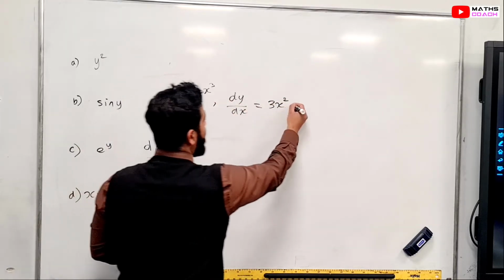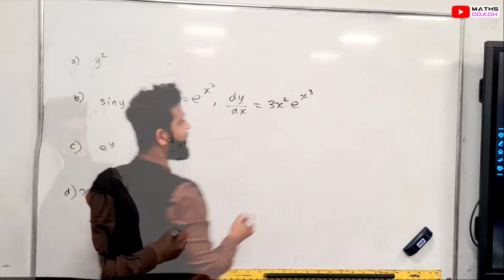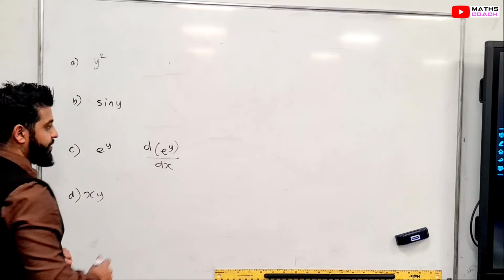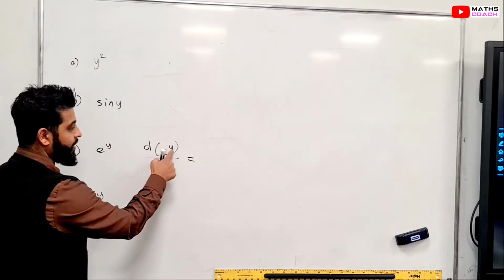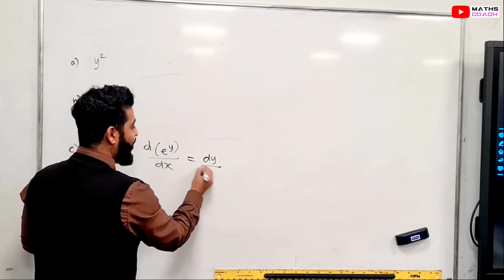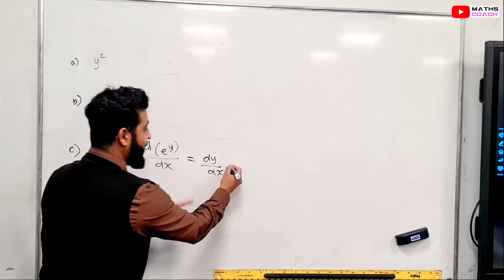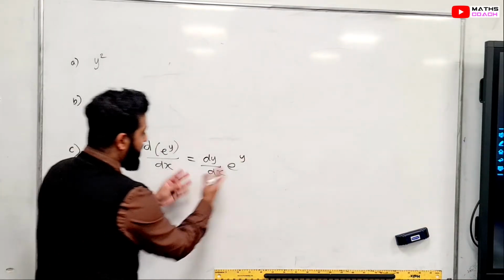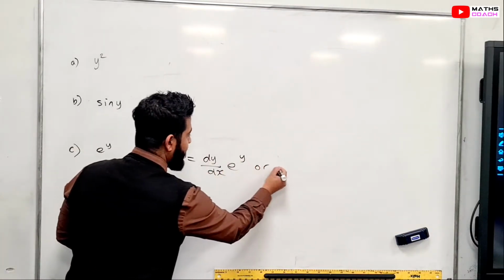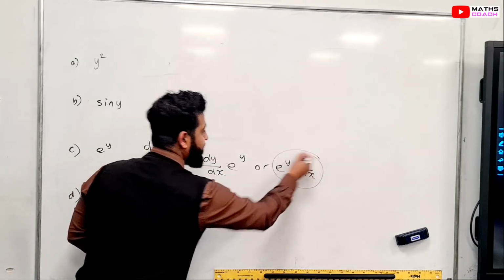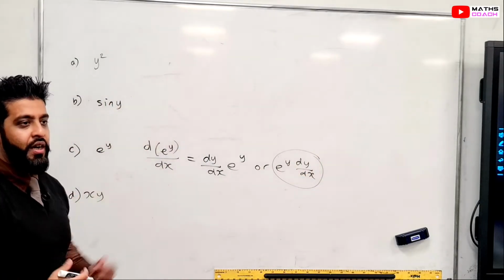And then we write e to the x cubed. That's what we normally do, right? Let's have a look at this one. We differentiate the y. What do you get when you differentiate the y? dy over dx. And then you write e to the y. That's it. But you might want to write this as e to the y dy over dx. Just a nice form of it.